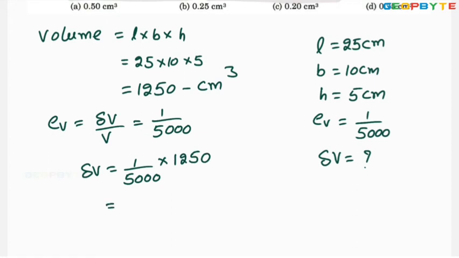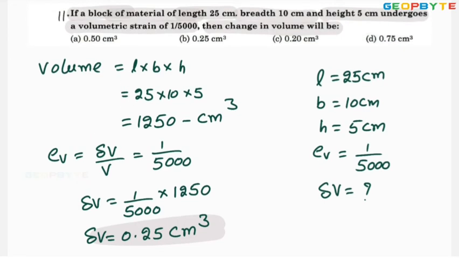You simplify this value to get around 0.25 centimeter cube. So this is the answer for the given problem. Look at the options. Option B, 0.25 centimeter cube. Therefore, option B is absolutely correct.